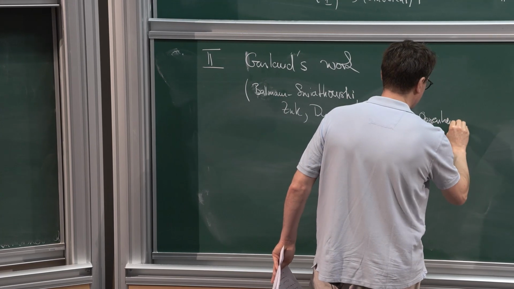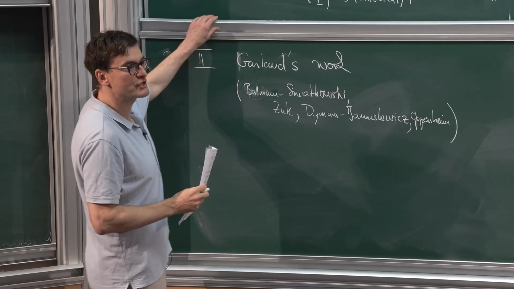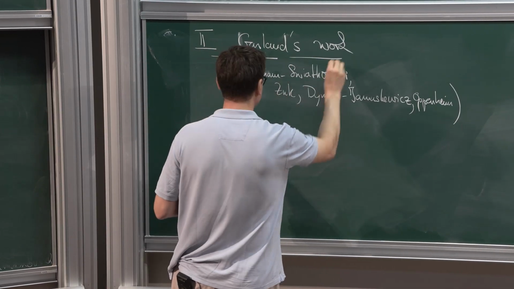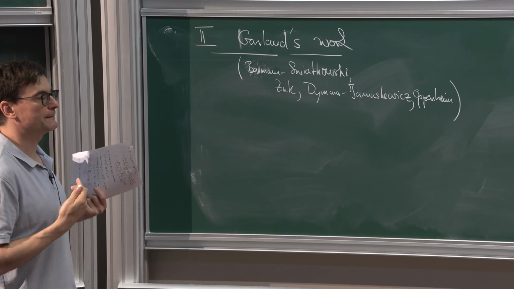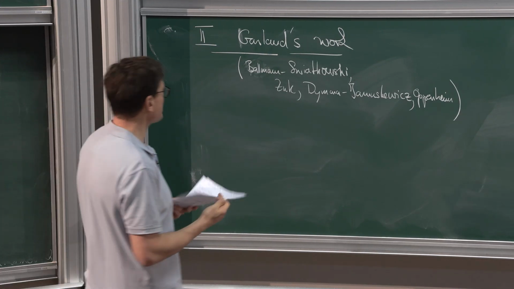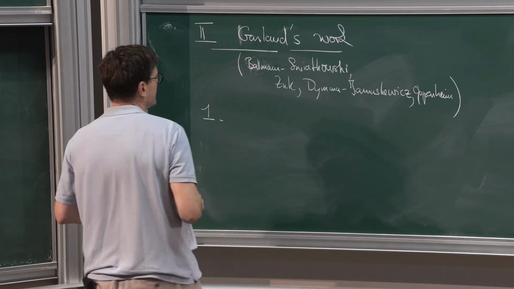So many people improved and built on this work of Garland, but the general idea was done in the 70s, and it was used to prove higher property T for simple algebraic groups over non-Archimedean local fields. Okay, so what's the general setting of this method?